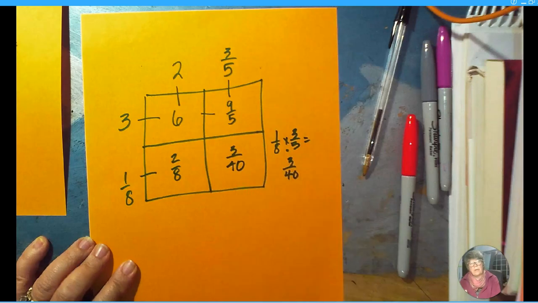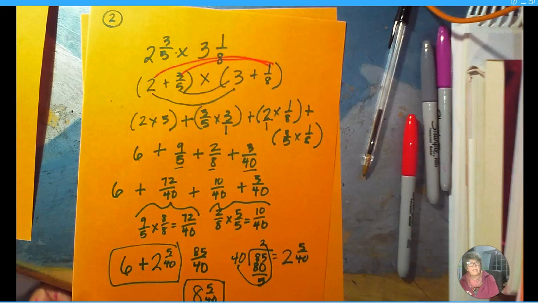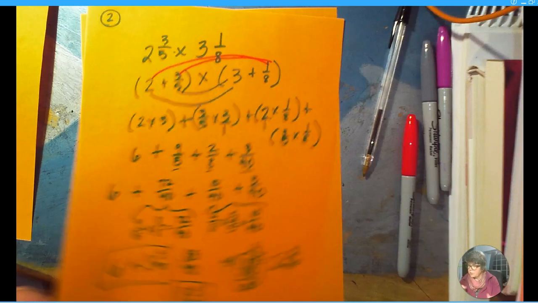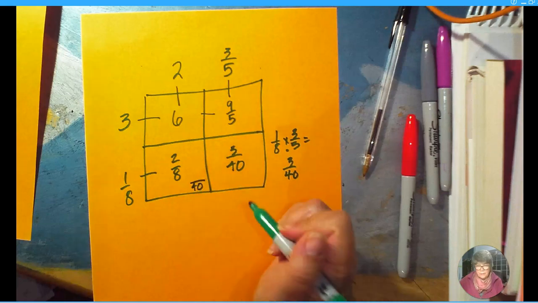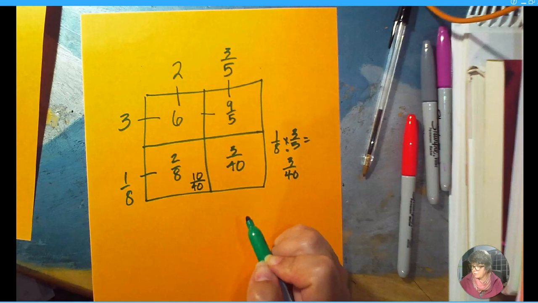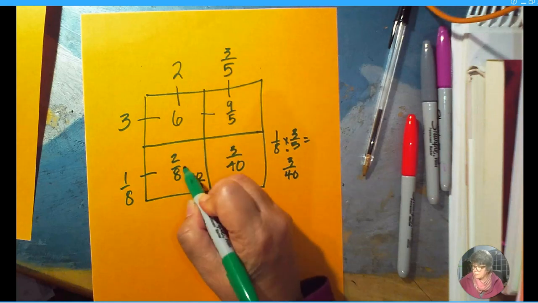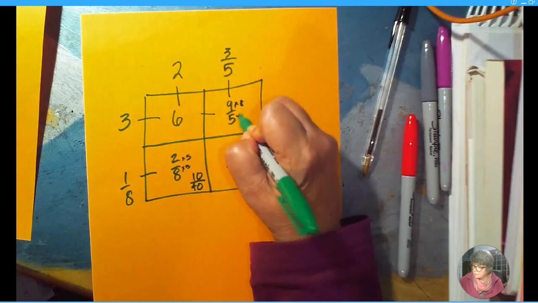Okay, but now I have the same problem that I had the first time where I have to change everything to 40ths. Hopefully you're really good at working with your fractions. You did work with fractions quite a bit in Module 3, so changing all of these to 40ths shouldn't be too bad, but I understand, right? It can be challenging. Here I multiplied times 5, and here I'm multiplying times 8.